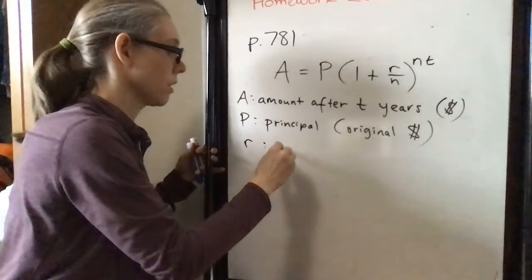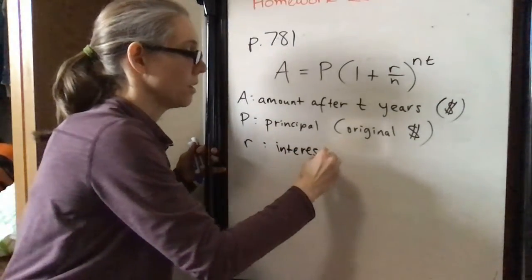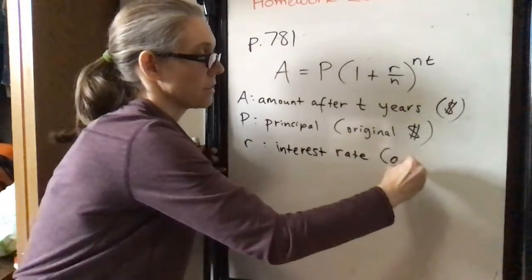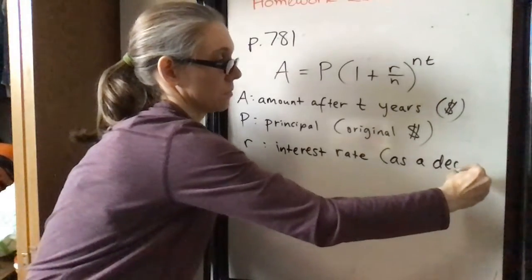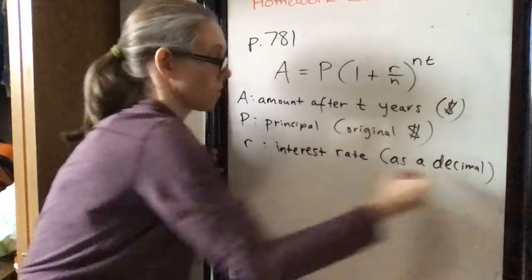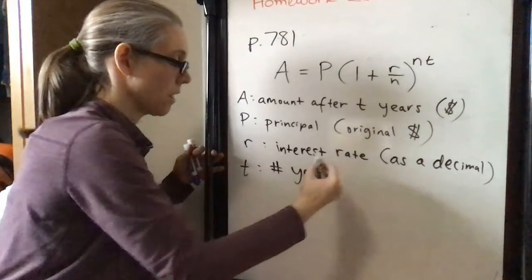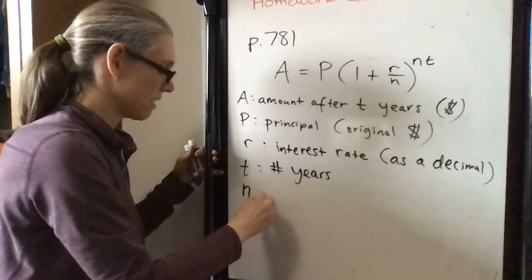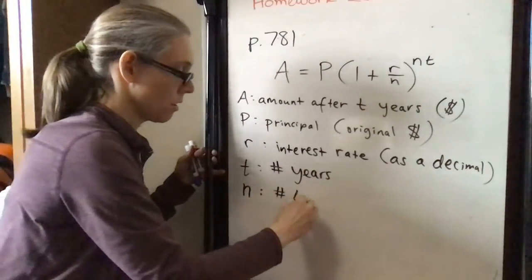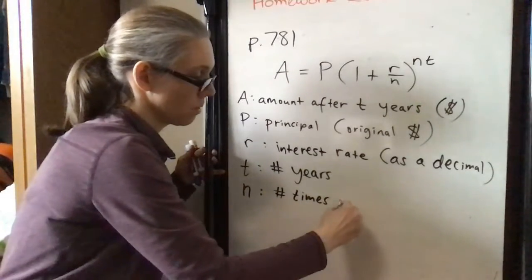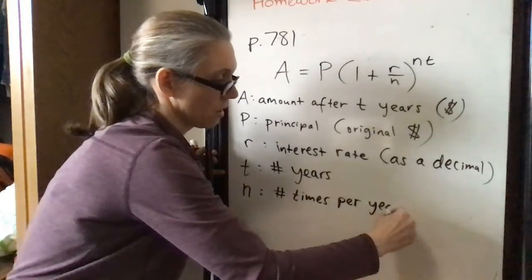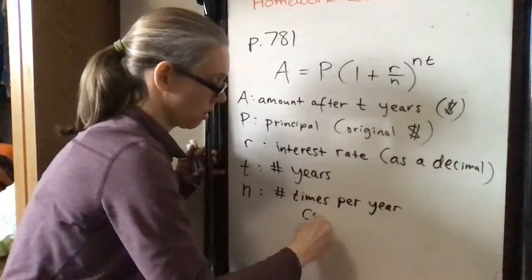R is your interest rate, and you need to write your interest rate as a decimal. T, of course, is the number of years, and then N is the number of times per year you're compounding.